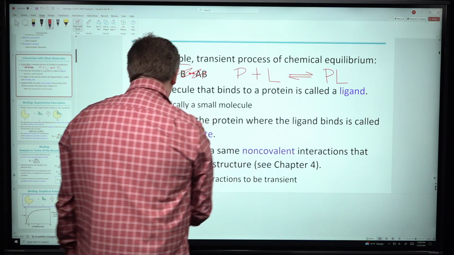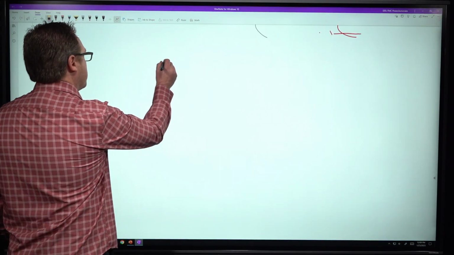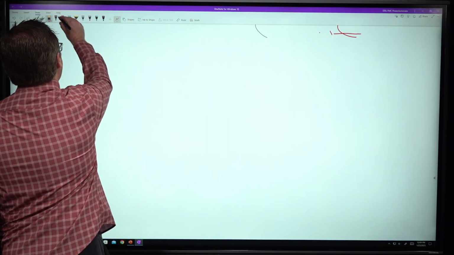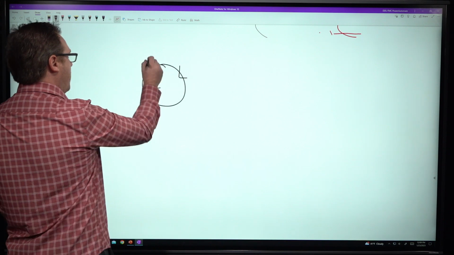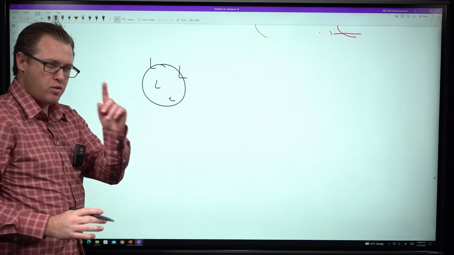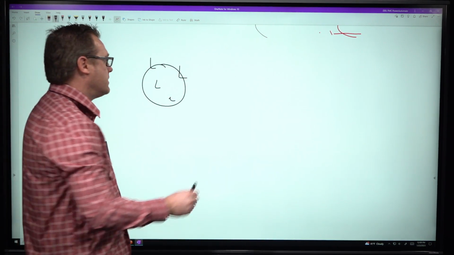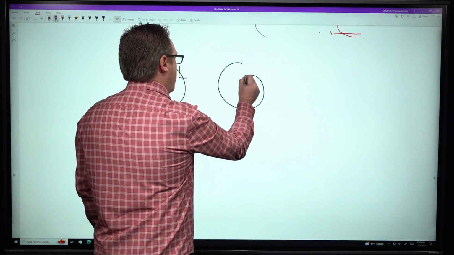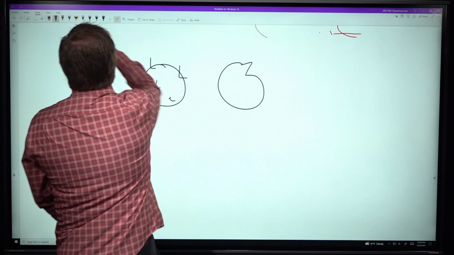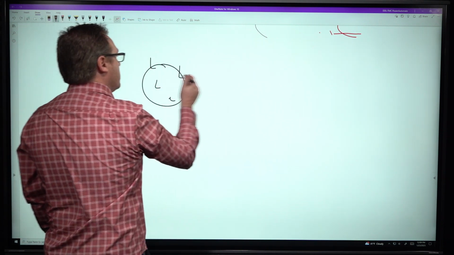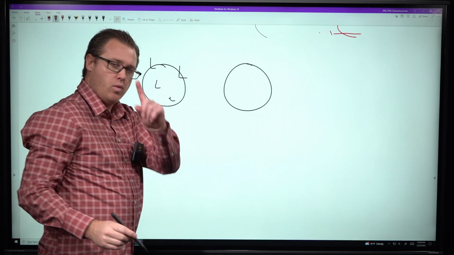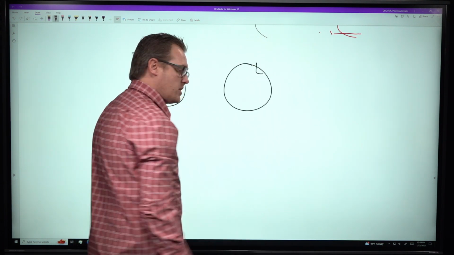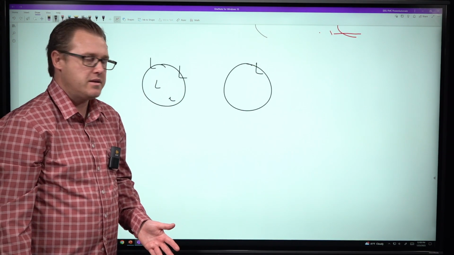If we have a protein like this, the ligand doesn't bind here, here, or here. There's typically one spot. Typically, there's just one spot where the ligand goes, and that's called the binding site.